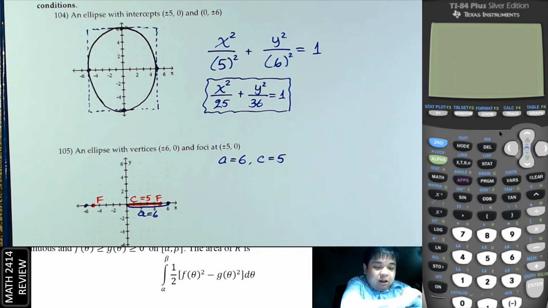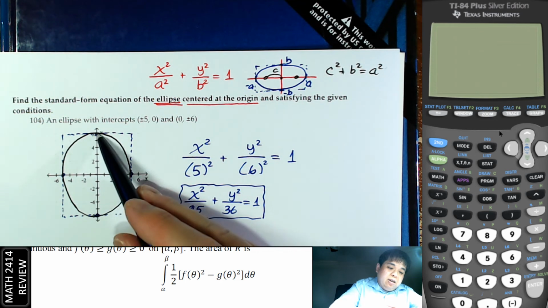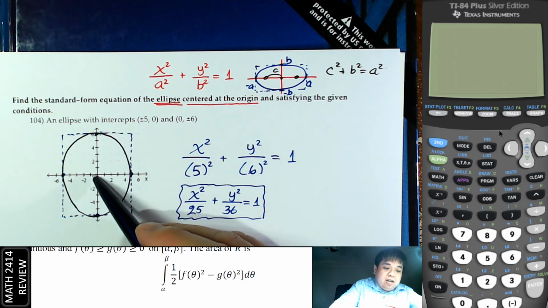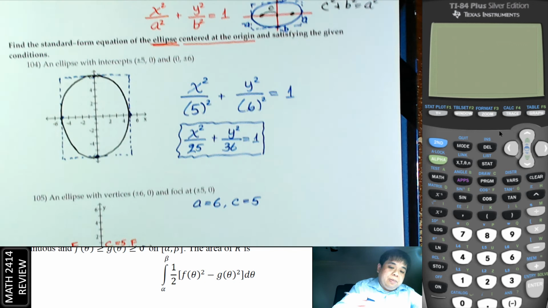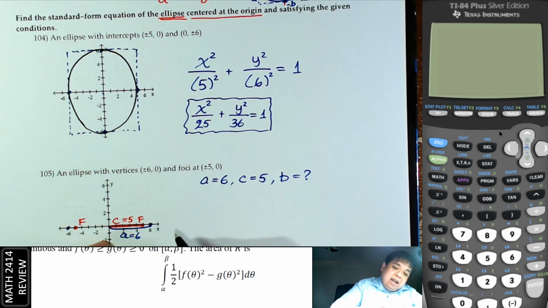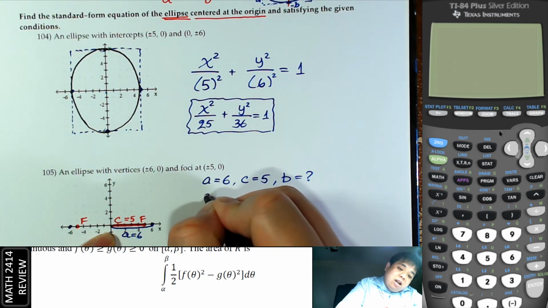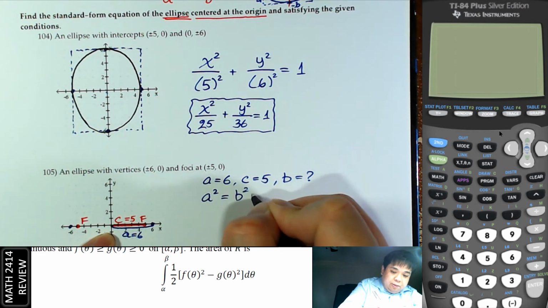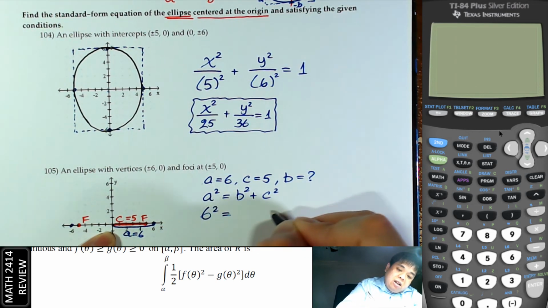Now remember, we have a, b, c, 3 distances for the ellipse: the vertex, and then the other point, and then the foci. So in this case, we need to find b. The distance from the center to the vertex is always the greatest, so a square will stand by itself, because that is the biggest number.